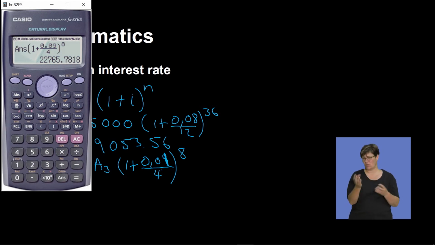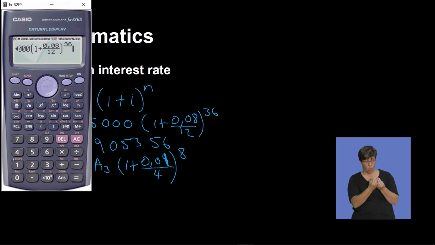But now let me show you something interesting that you can do here. Instead of doing it in bits and pieces like this, you can just go straight and say 15,000, and for the first 3 years we know that the interest was 8% compounded monthly, right?